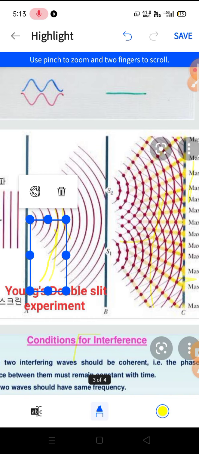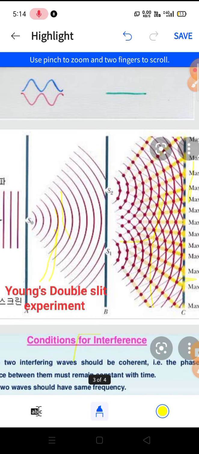The first one is that the two sources should emit waves of the same wavelength or frequency, and the two sources should have constant but not equal frequencies.